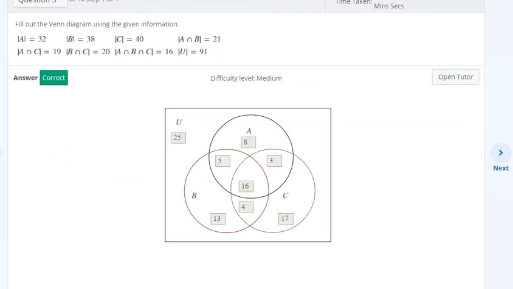Now, for this one, it's filling in the cardinal numbers depending on the symbolism that they're using. So we know the total of A here is going to be 32. And I would put a little check there. B is 38. C is 40.